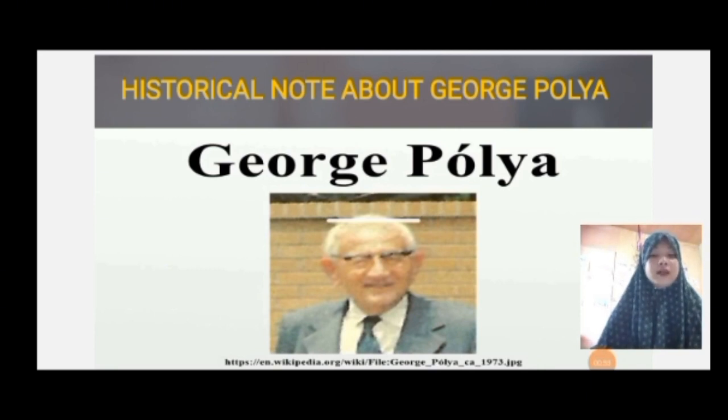Of the books Polya published, How to Solve It, 1945, is one of his best known. In this book, Polya outlines a strategy for solving problems from virtually any discipline.